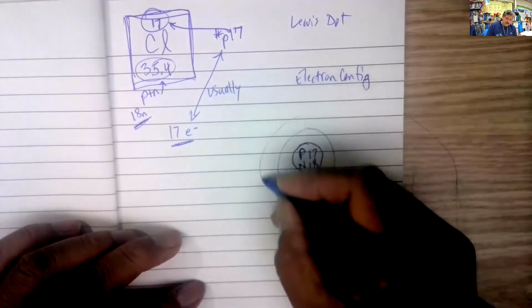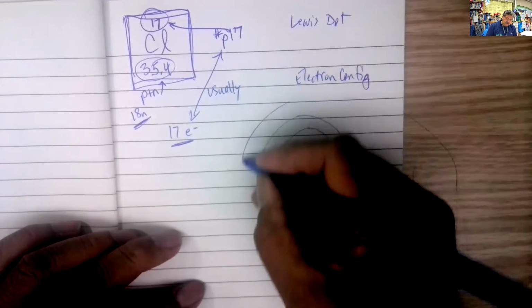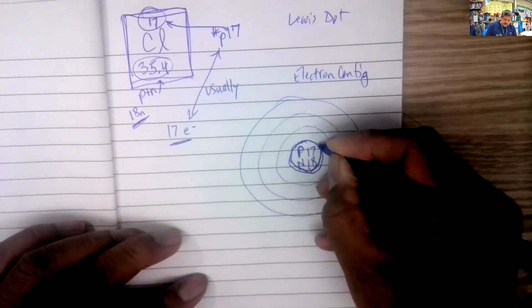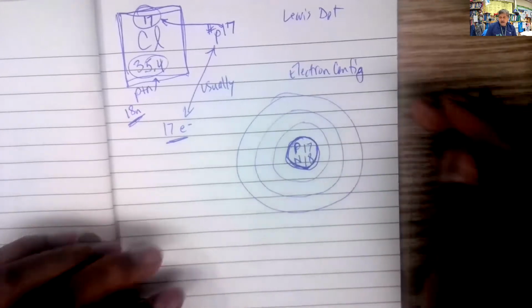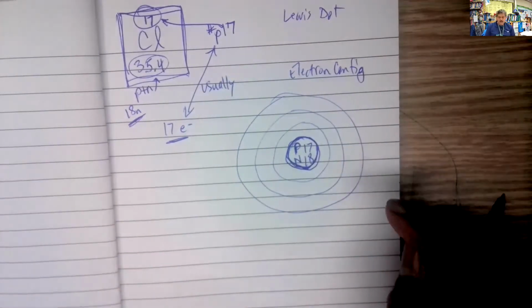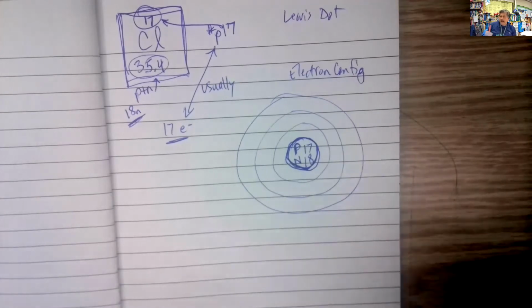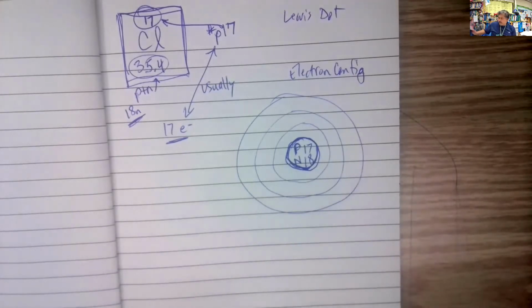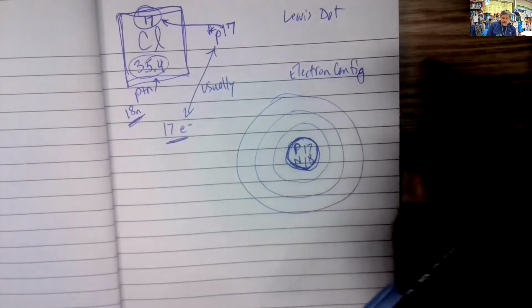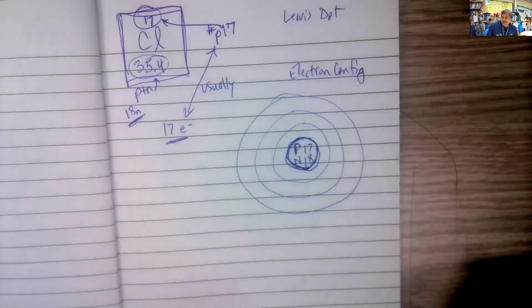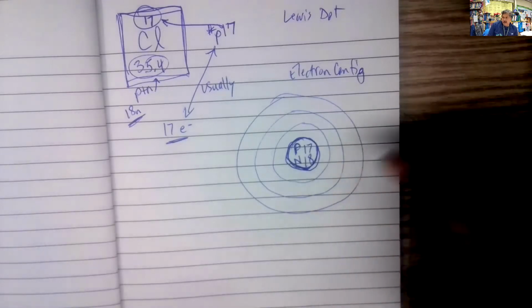There's a shell, there's another shell, there's another shell. It's those electrons in those shells that make up the size of the atom. The more shells you have, the bigger your atom, generally speaking. We did a graph of this earlier.